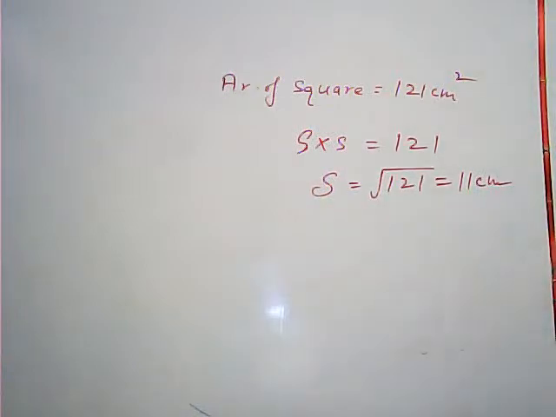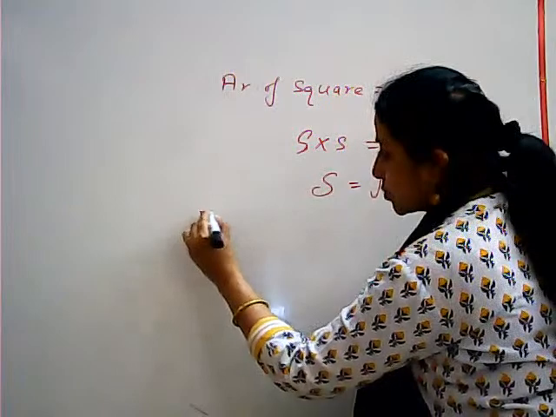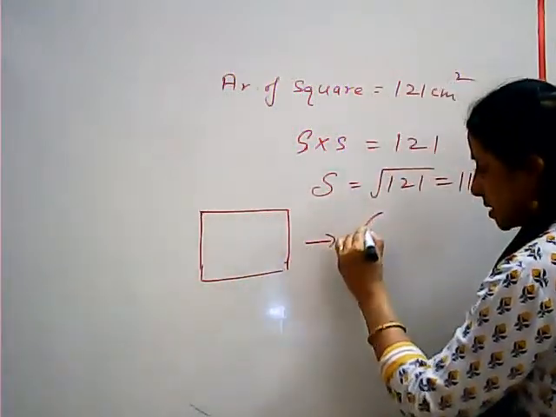So this is your side, and this is not the complete question. After that you will write: if the same wire is bent in the form of a circle. Now this same wire has been converted into a circle. Then find the circumference of the circle. Earlier it was given in square form, and after that it is converted to circle form.